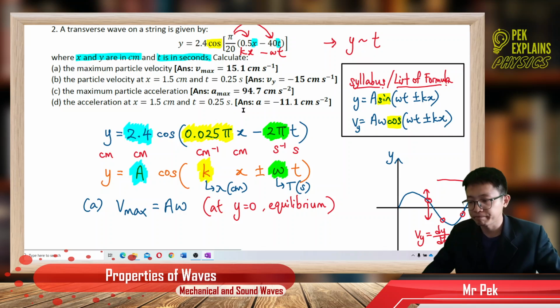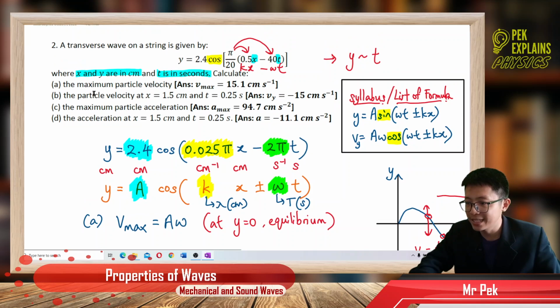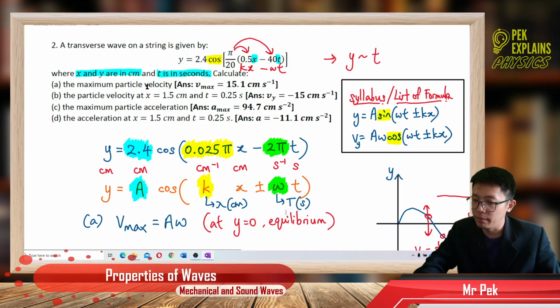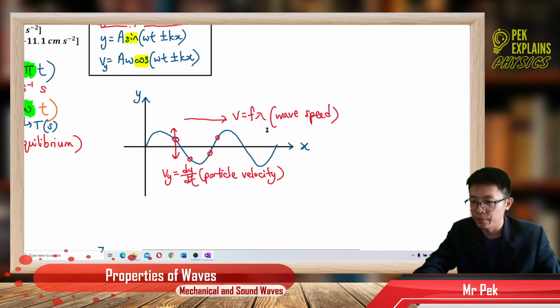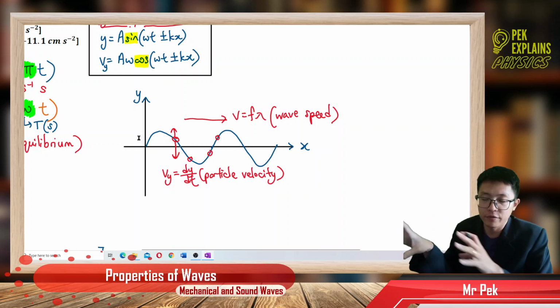All right. Now let's go back to the subject. Now I want to find out the maximum particle velocity. What is particle velocity? Before this, you learned about another formula. You learned about wave speed, isn't it? What's the difference with particle velocity? Wave speed, with the formula v equal to f lambda, is to find the speed of the wave propagation to the left or to the right.